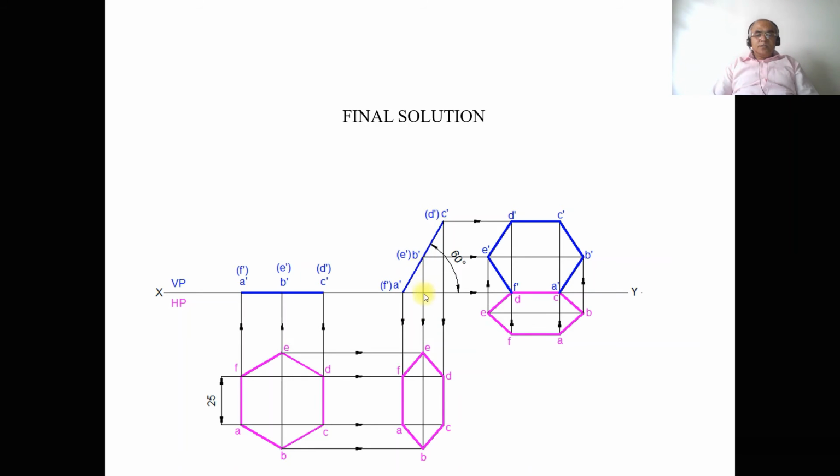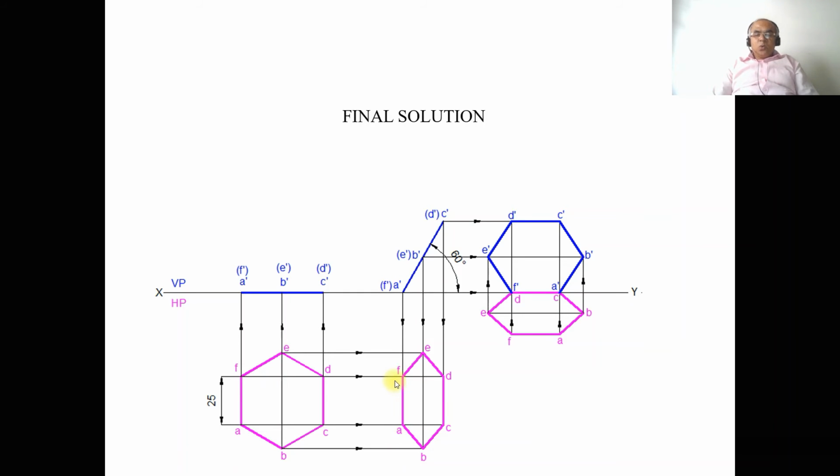Similarly, draw a vertical projector from B dash and E dash and a horizontal projector from B and E. Both these lines will intersect at this point, which is B, and this is E. Similarly, draw a vertical projector from C dash and D dash and a horizontal projector from C and D. These will intersect at these two points, and you mark them as C and D. Then join A to B, B to C, C to D, D to E, E to F and F to A with a dark line.